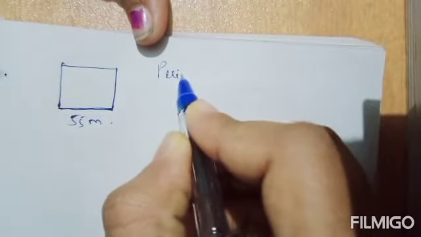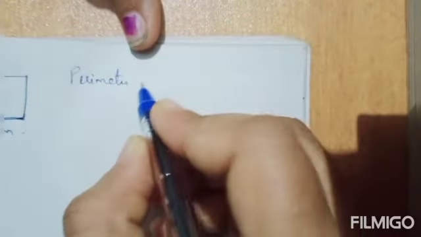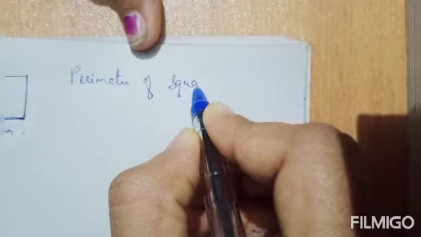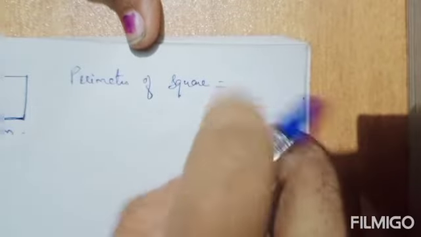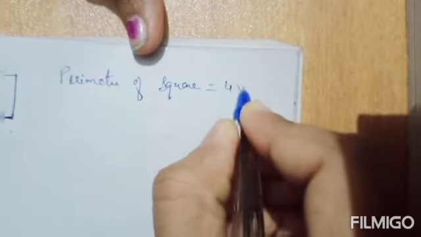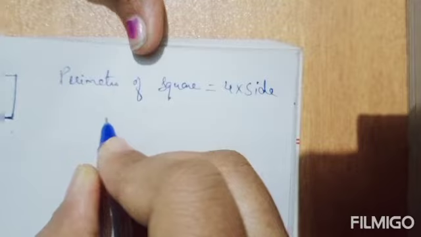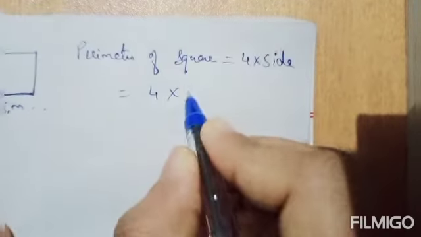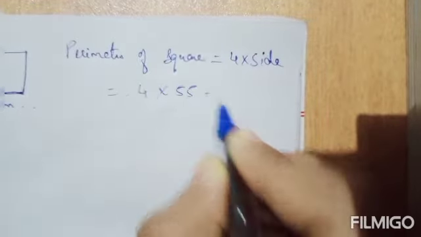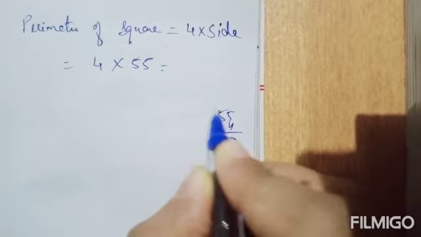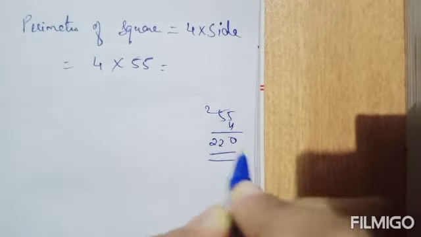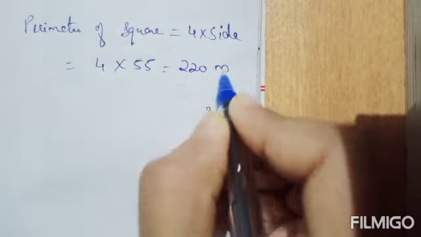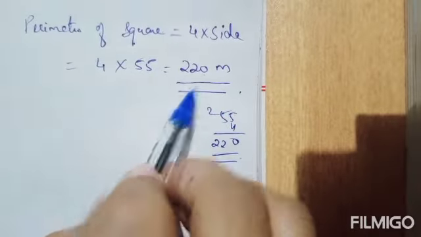So for that what we need to find first? First we have to find the perimeter of square. Okay, perimeter of square, what is the formula? 4 into side. So 4 into side, here it is given 55 meters. So 4 into 55. What you will get? 55 into 4, it is 220 meter. This is the perimeter of square.